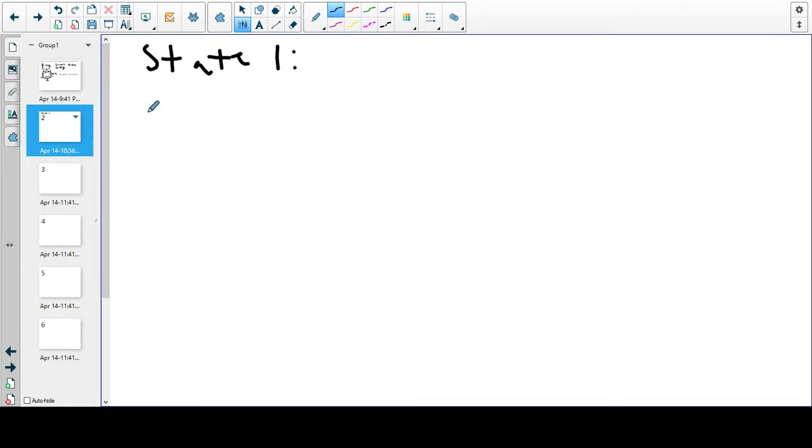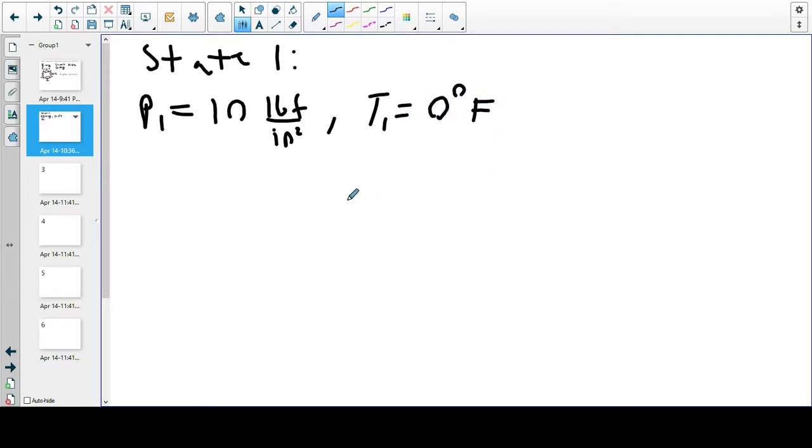So we're beginning with state 1, which is going into the compressor. We know that the first pressure is 10 psi and the temperature is 0 degrees Fahrenheit.